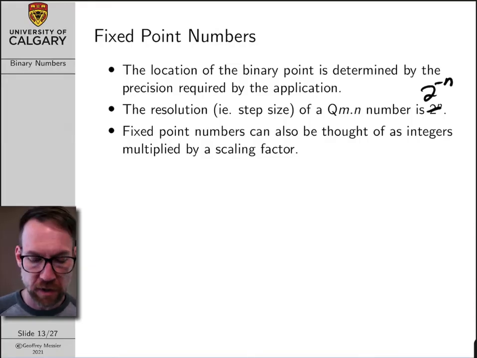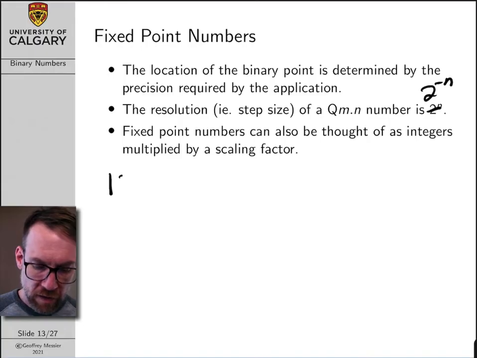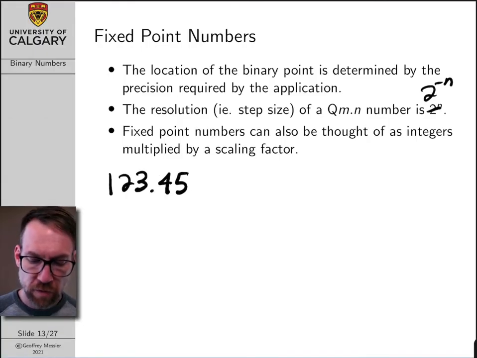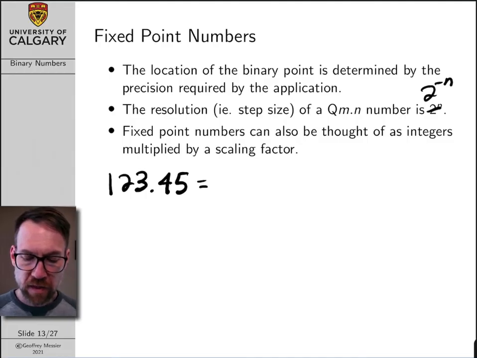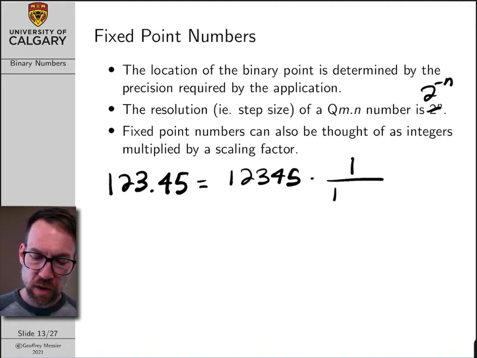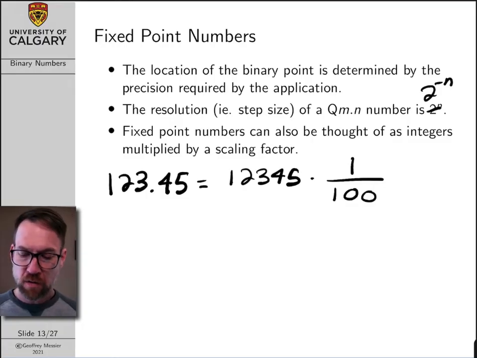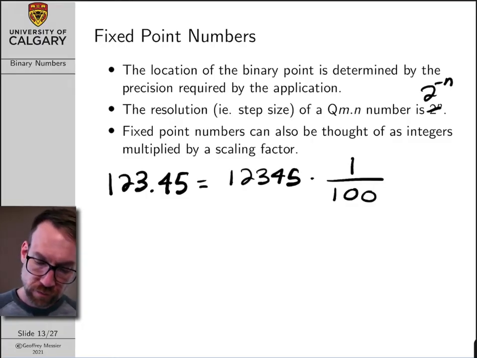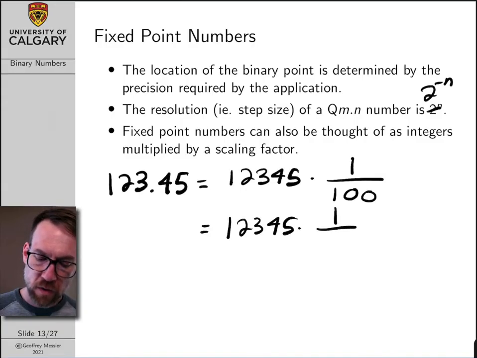Let me show you what I mean. Let's say we've got the number 123.45. We can think of this as the integer 12345 multiplied by a scaling factor of 1 over 100, or as an integer multiplied by 1 over 10 squared.